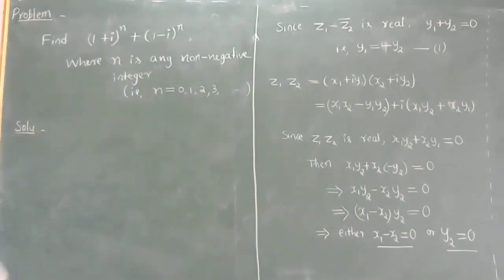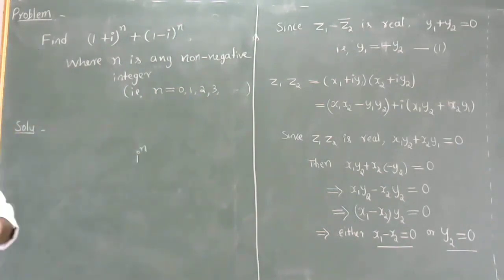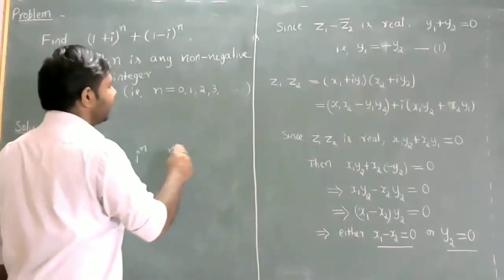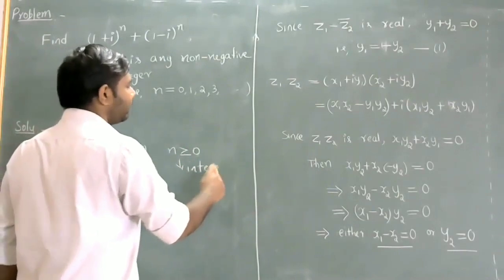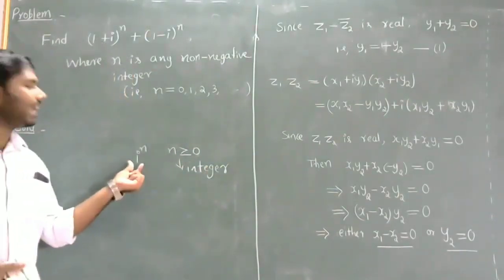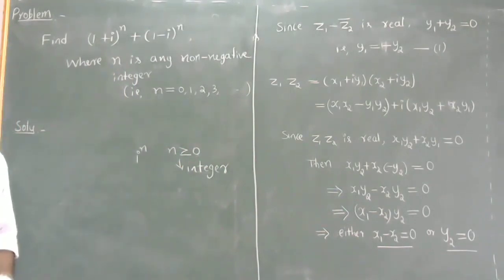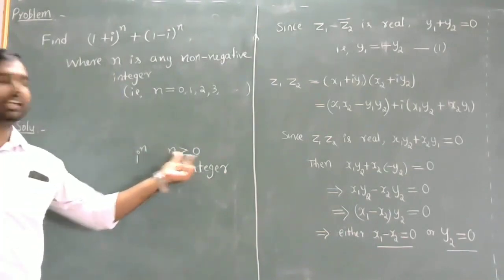Now we can solve this with a previous idea of finding powers of i. Previously we derived a formula to find i power n, where n is any non-negative integer. We found a method to calculate i power n with ease whenever n is a non-negative integer.